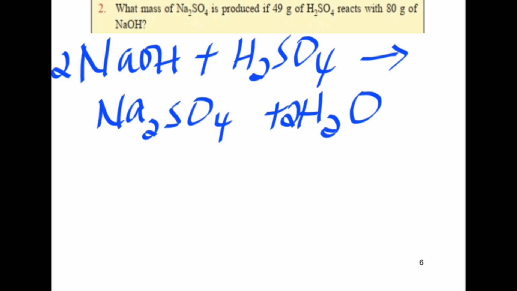So first we have to identify which reactant is the limiting reactant. Once we have identified the limiting reactant, now we can use the limiting reactant to calculate the amount of product produced.